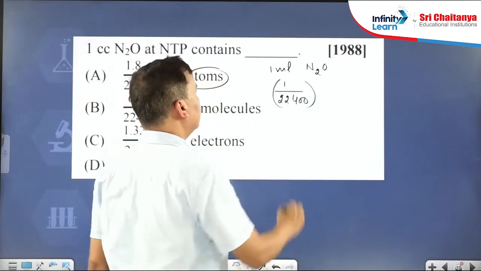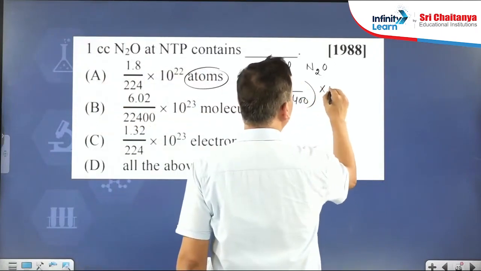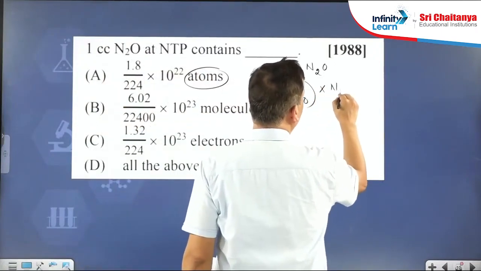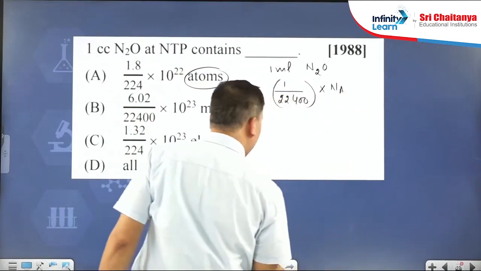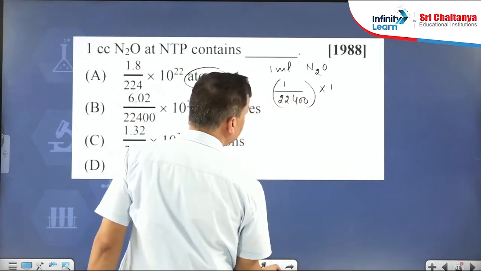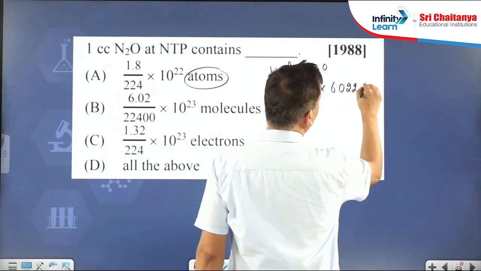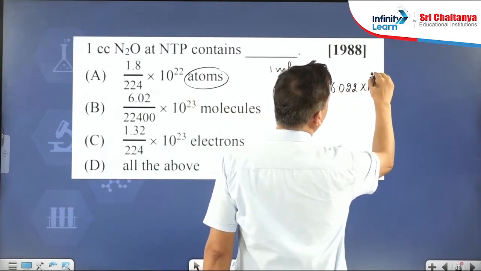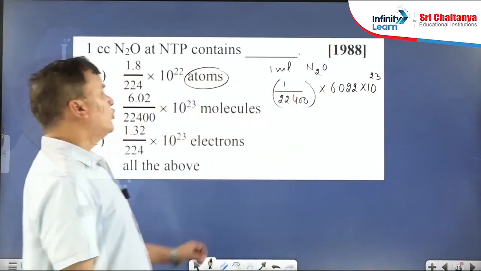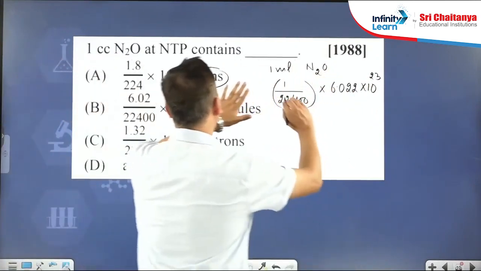Now atoms: these are the number of moles into Avogadro's number, into Na. Na is equal to 6.022 into 10 raised to power 23. Is that clear or not? So these are the number of molecules.